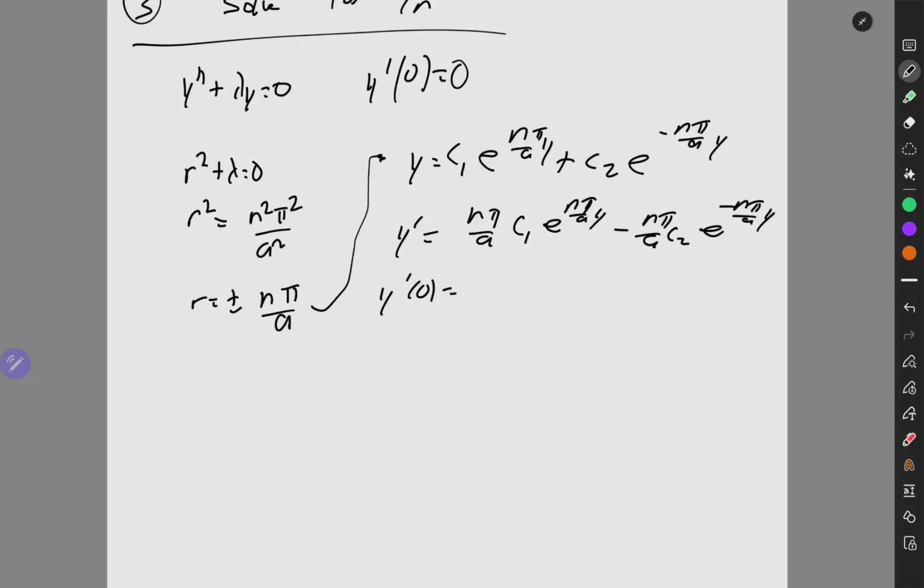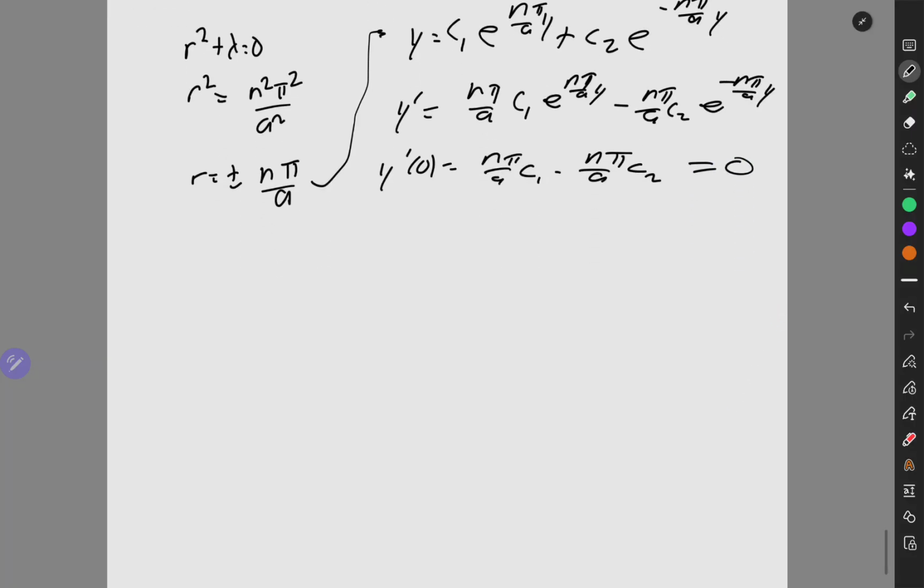So this y prime of 0 is n pi over a times c1 minus n pi over a times c2 is equal to 0. So c1 is equal to c2.